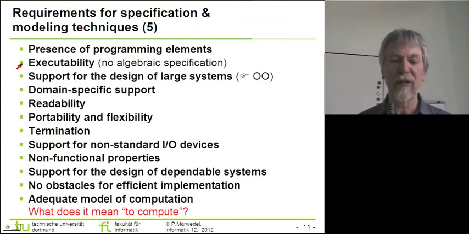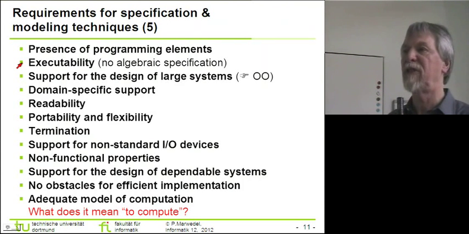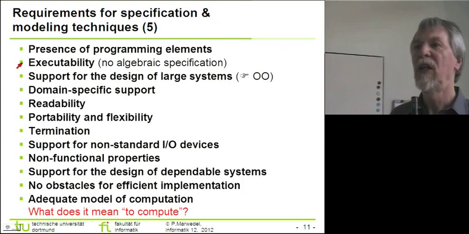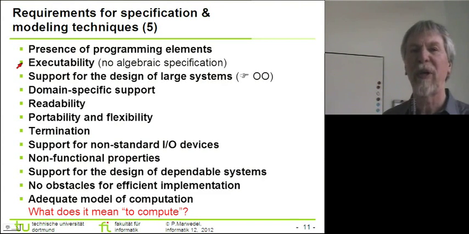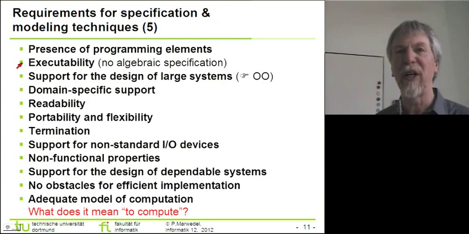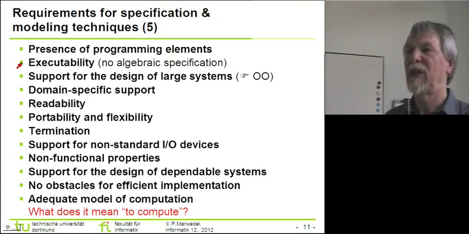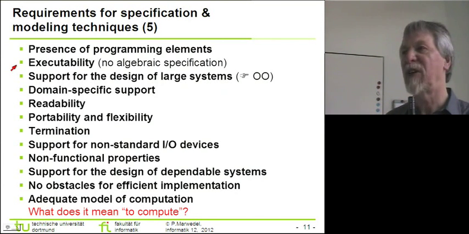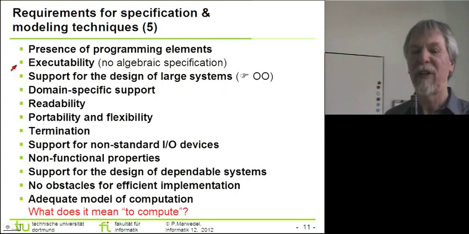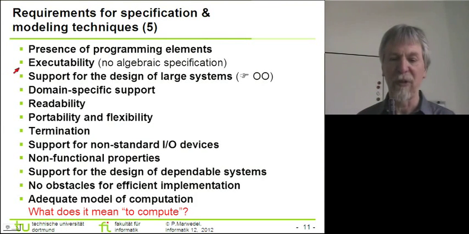Also, it would be nice to have executability, which means that we would like to execute our specifications, because when we write down the specification, we are never really sure whether what we wrote down is really what we want to have. So it's very nice if we can simulate our specification and check this against our intentions to make sure that we really specified what we want to have.